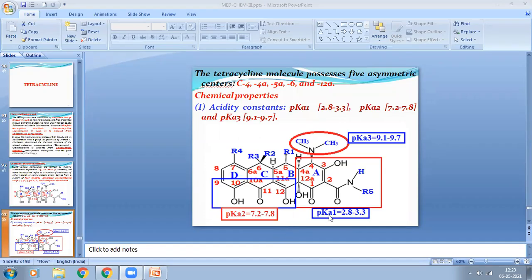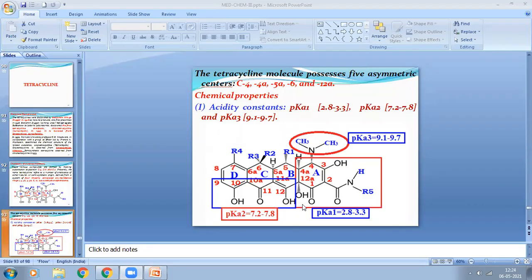pKa1 ranges between 2.8 to 3.3. This pK value is derived due to the conjugated trione system between C1 and C3.